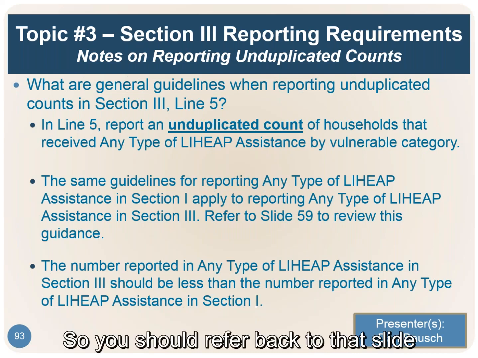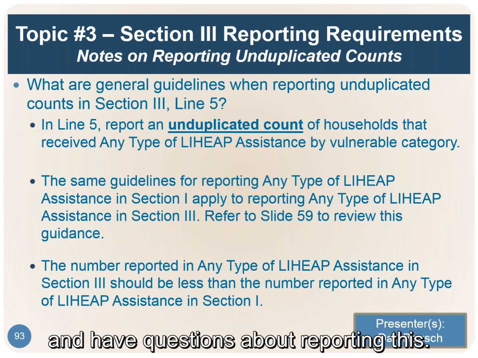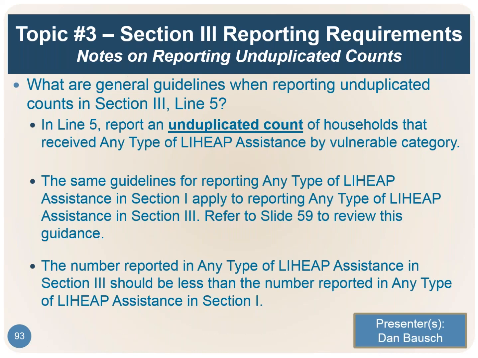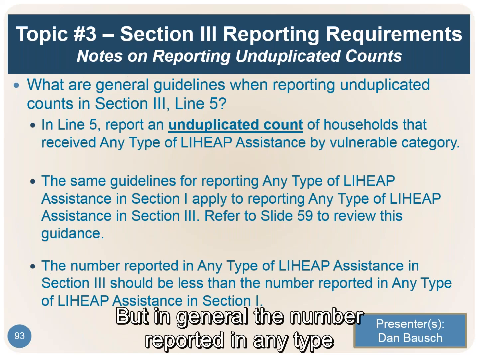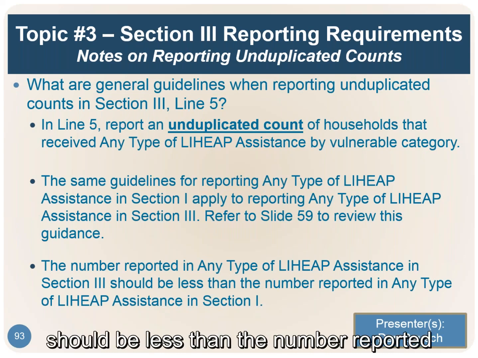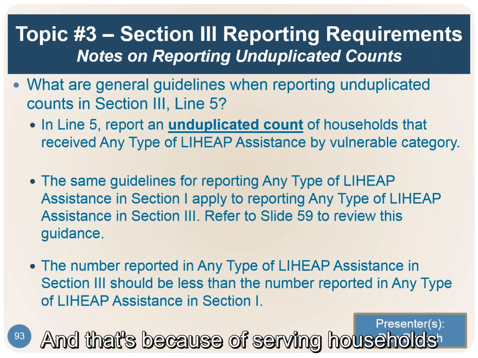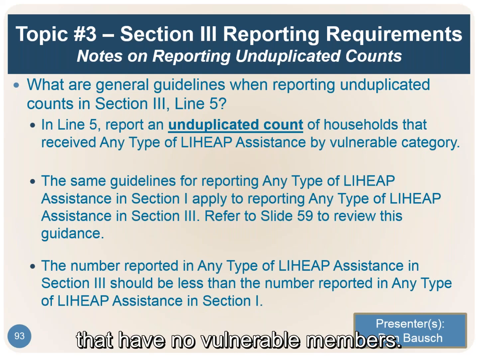So you should refer back to that slide if you review these slides later and have questions about reporting this. But in general, the number reported in any type of LIHEAP assistance in Section 3 should be less than the number reported for any type of LIHEAP assistance in Section 1, and that's because of serving households that have no vulnerable members.